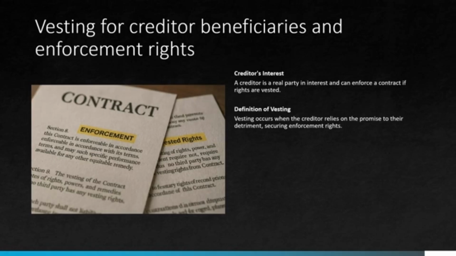The question is, is Betty a third-party beneficiary, and does she have rights to sue under that? Well, her rights have vested, haven't they? I mean, she's learned the existence. Barney told her the day before. However, I'm not sure there'd be any detrimental reliance in this little scenario. So that's what you need to look for.